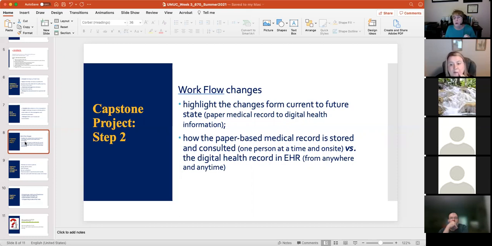Whereas storing digital health records is a piece of cake. First of all, you could take one entire room of filing cabinets filled to the brim and record it on one DVD.